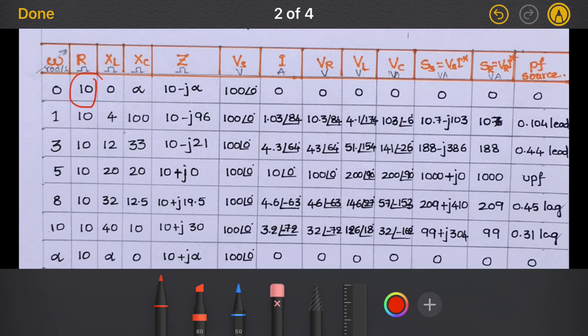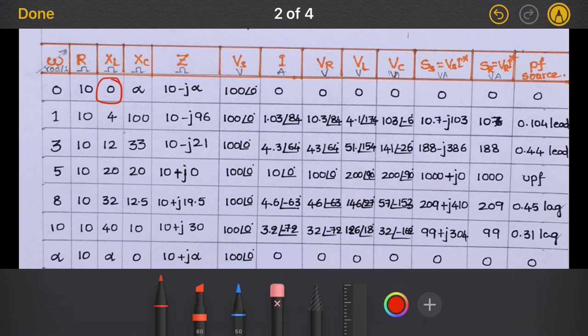Resistance does not depend on frequency. Whatever the supply frequency is, the resistance value is always constant. So for 0 radians per second, the resistance value is 10 ohm.